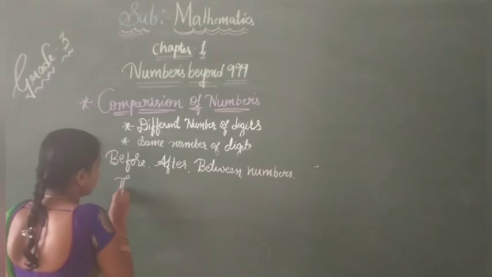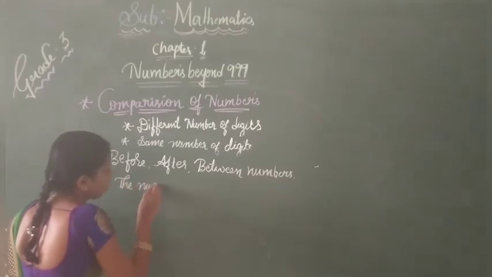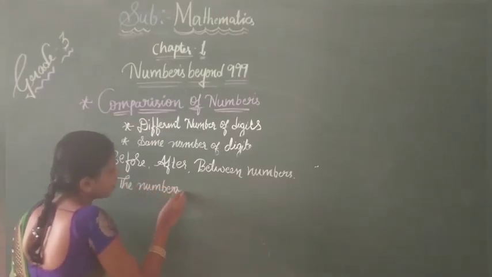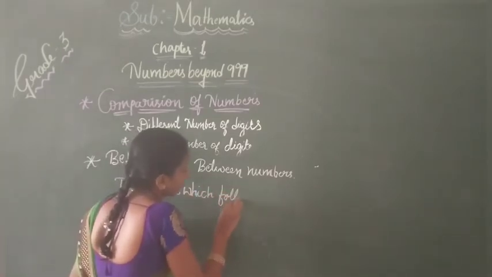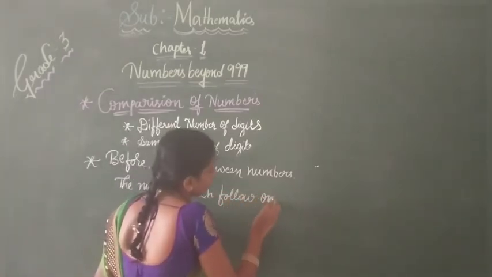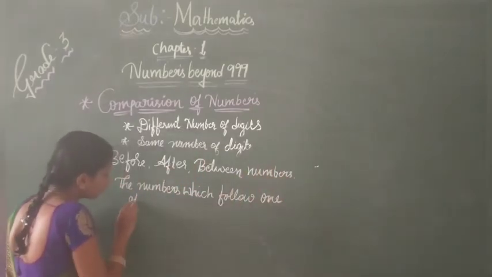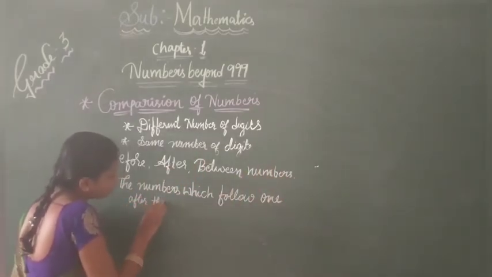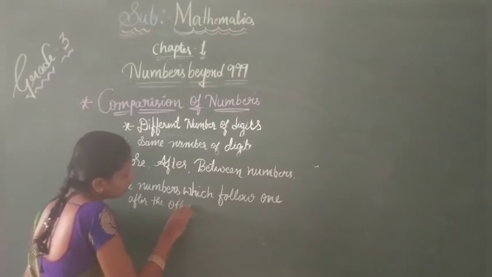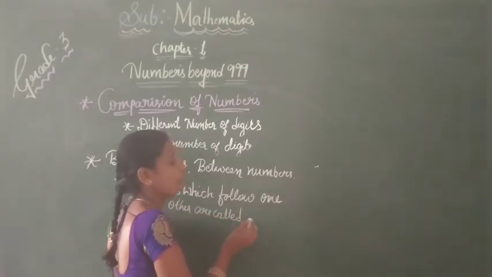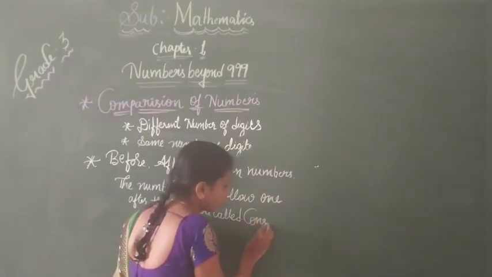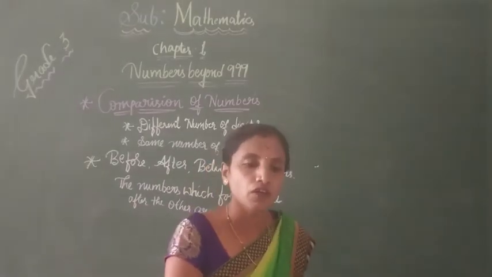The numbers which follow one after the other are called which numbers?